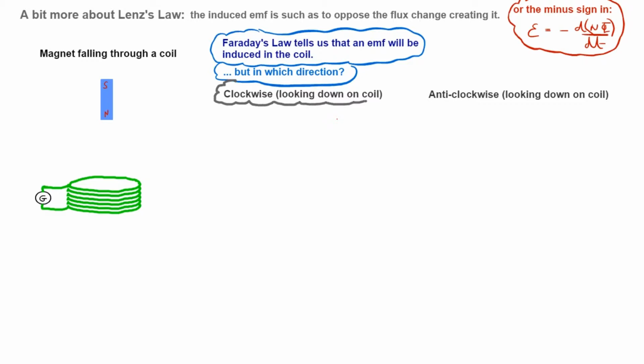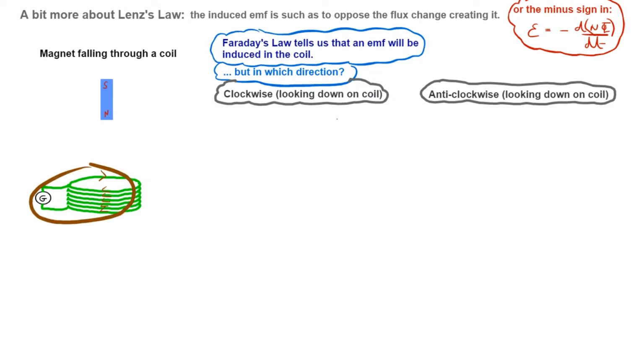Well, let's look at the implications of both and decide then which must be the correct possibility. So let's start with clockwise: EMF clockwise, current going clockwise round. If the current arises that way, we have a rule for the direction of the field lines associated with that, the grip rule.